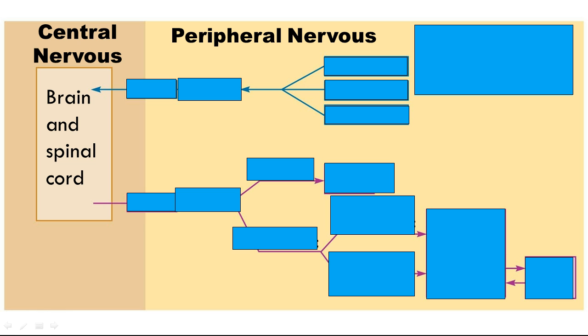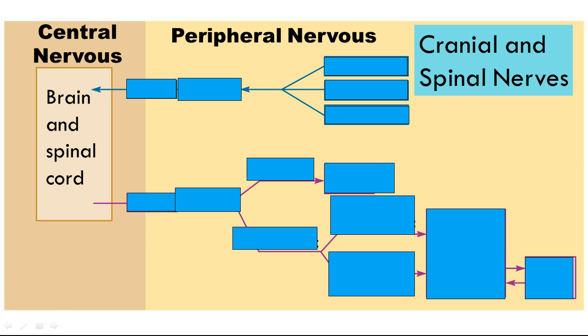We said the central nervous system is made of the brain and the spinal cord. What is the peripheral nervous system made of? Cranial nerves and spinal nerves. Your spinal nerves and your cranial nerves comprise your peripheral nervous system. Those are the organs of the peripheral nervous system.